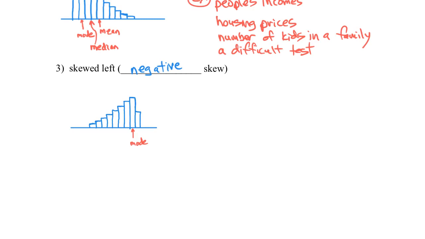And then, of course, these values way out here are going to pull the mean with them in this direction. So the mean is going to be over to the left. You could think of it again as the balance point if you were trying to balance this object. So the mean would be somewhere over here. And then the median, geometrically, is where it would cut the area in half, but it's going to be somewhere in between these.